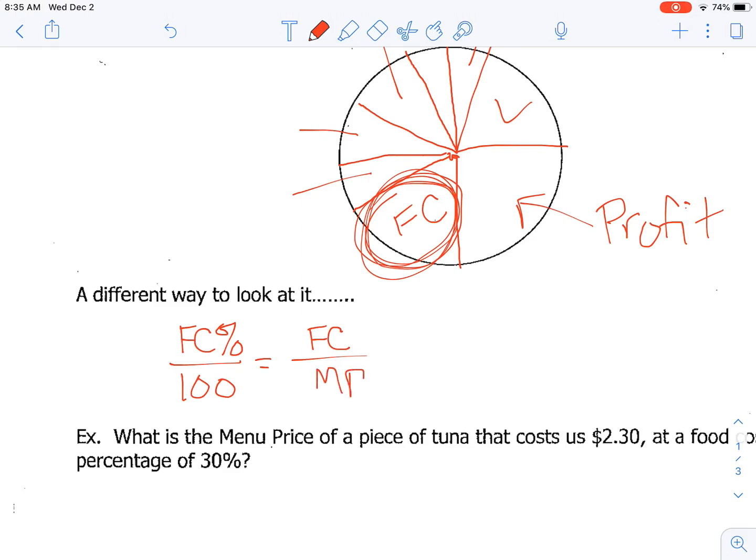over the menu price. And food cost percentage, I've talked about John Taffer from Bar Rescue. If you ever watch that on Spike TV, he says that a lot of restaurants go out of business because they don't keep track of their food cost.